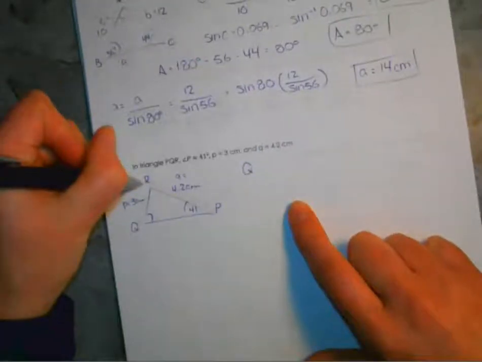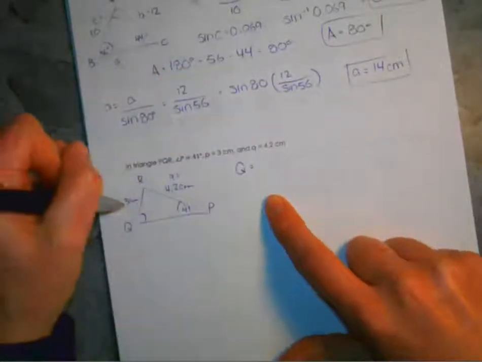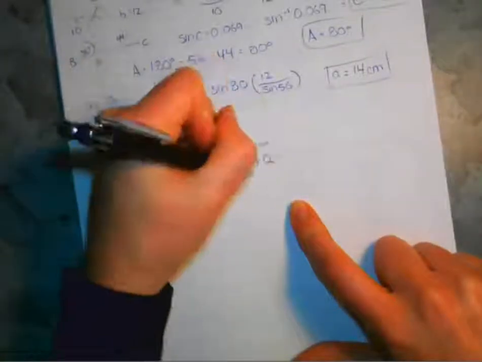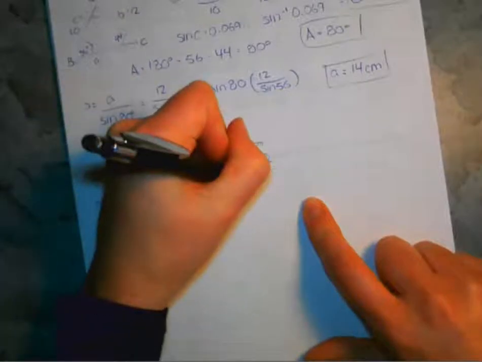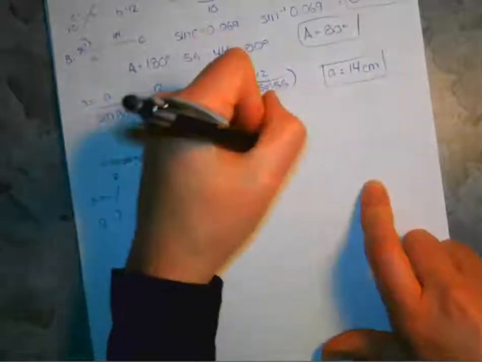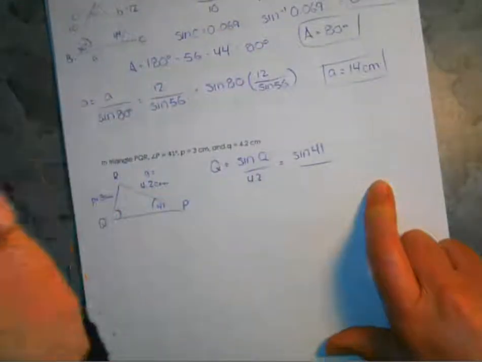Because R, we don't have an angle or a side, so we can't really do anything with that. So with the angle being what we're solving for, we want to start with sine Q on top of our sine law, divided by little q on the bottom, which is 4.2. Set it equal to sine of angle P, which is sine of 41, divided by side P, which is 3.